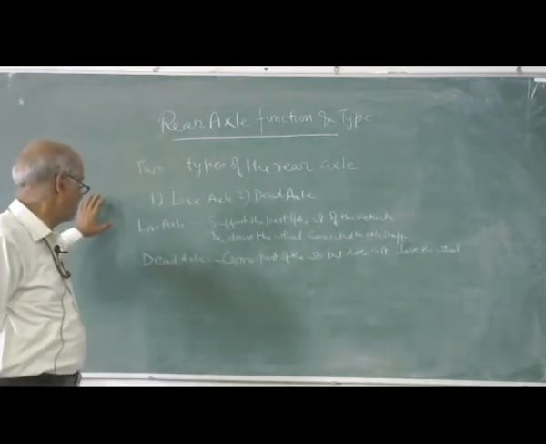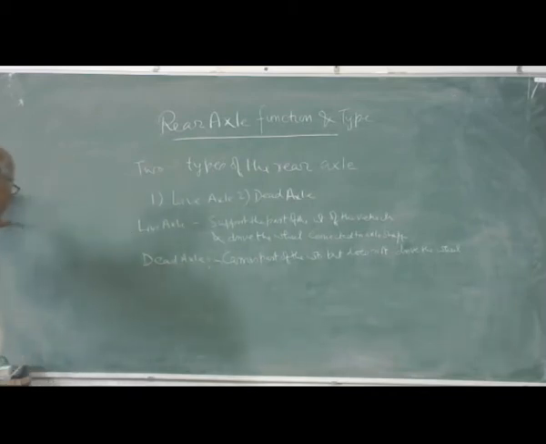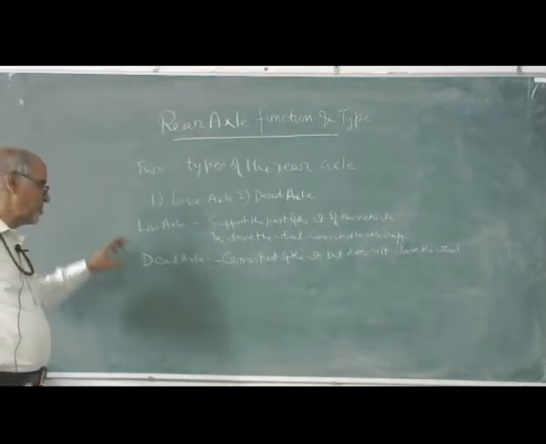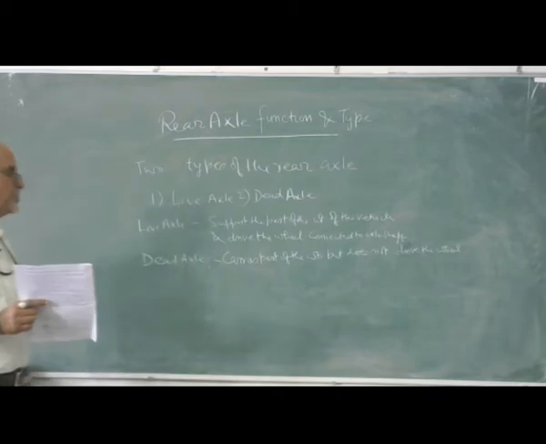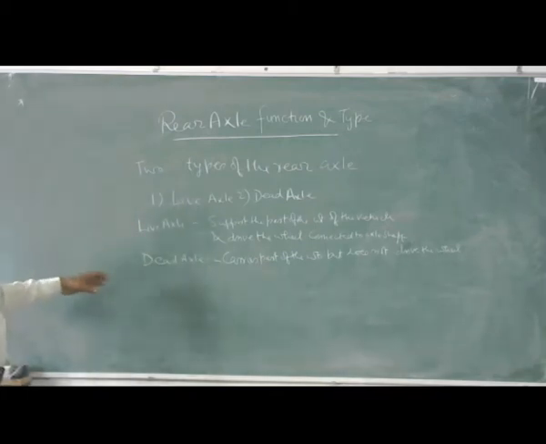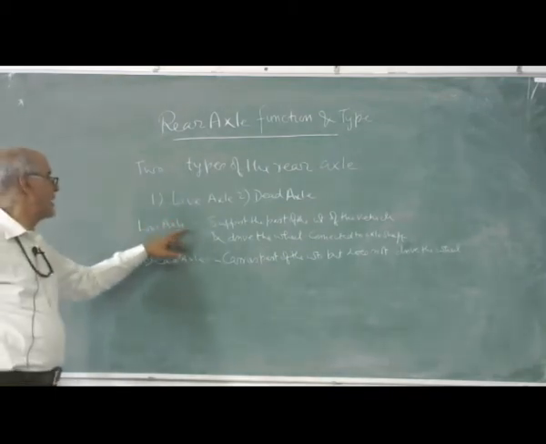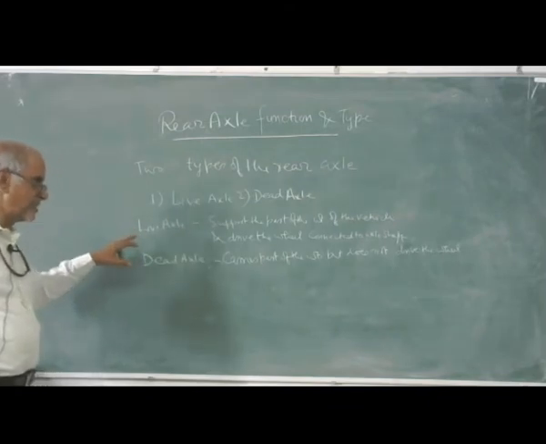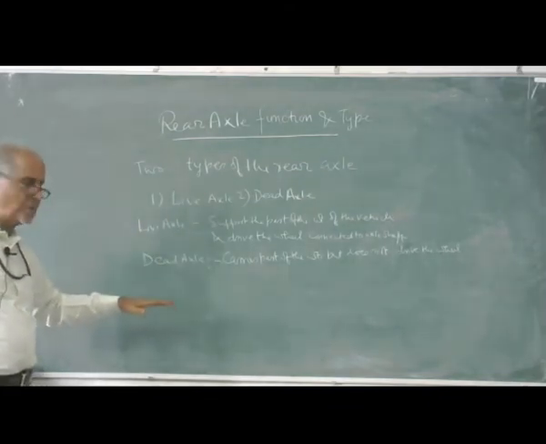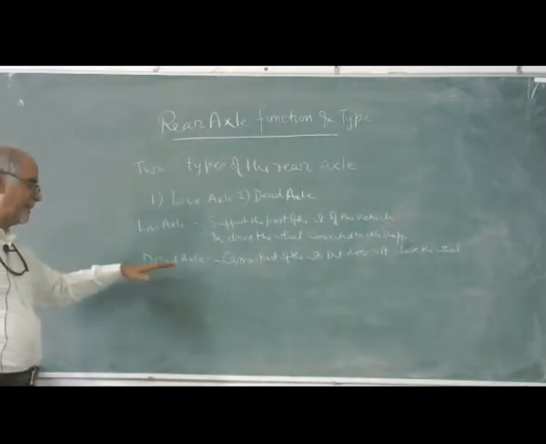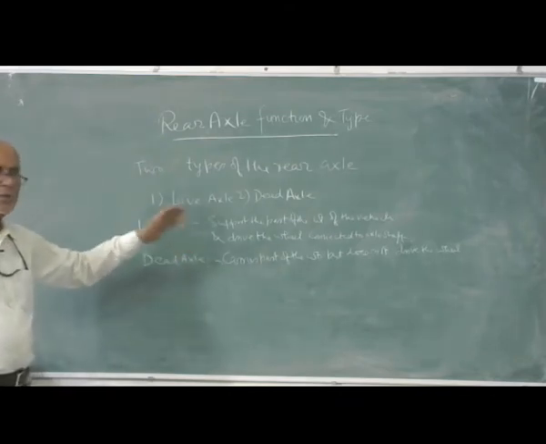So power comes from the engine to the gearbox, to the clutch, to the transmission system, to the differential, and from the differential that power is being distributed to both the wheels. This is your live axle. It is supporting the weight of the vehicle and also helping in transferring the power to the wheel.